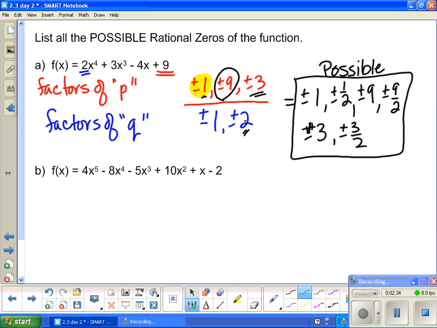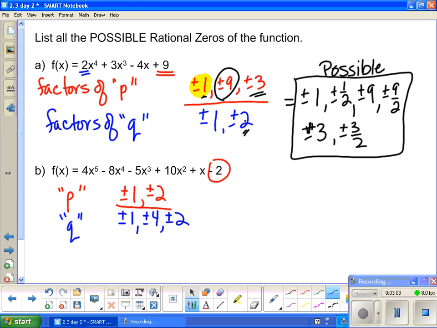Now, factors of p again. It doesn't matter about the negative sign because it's still going to be plus or minus 1 times plus or minus 2, over the factors of q: plus or minus 1, plus or minus 4, plus or minus 2. Now I'm going to simplify my fractions.